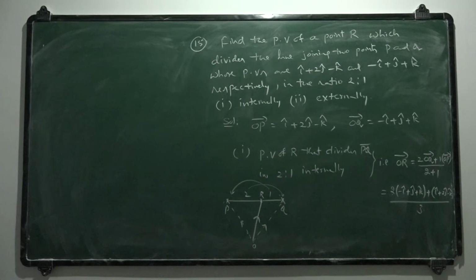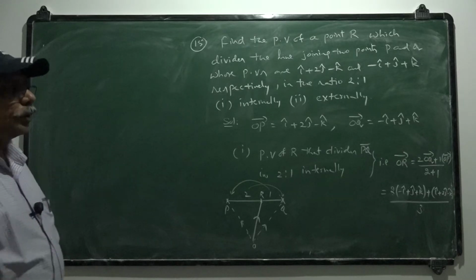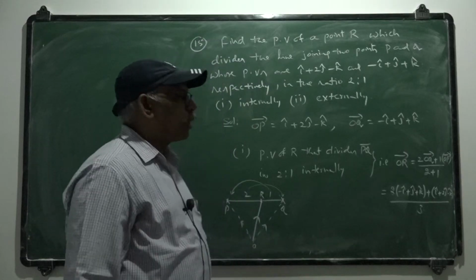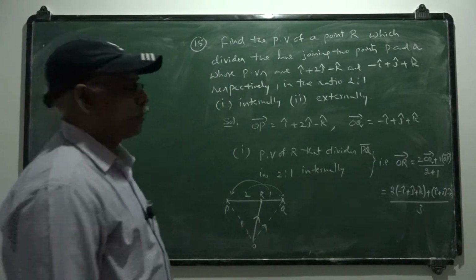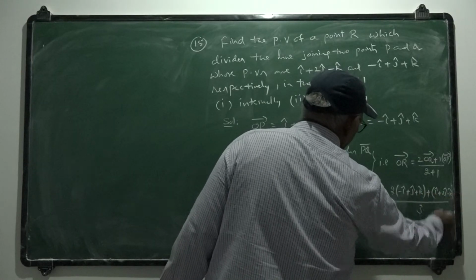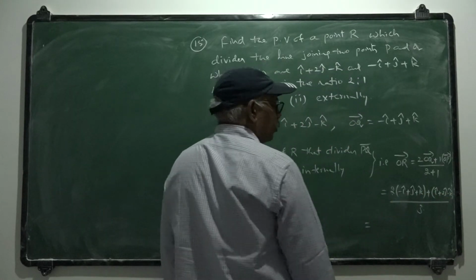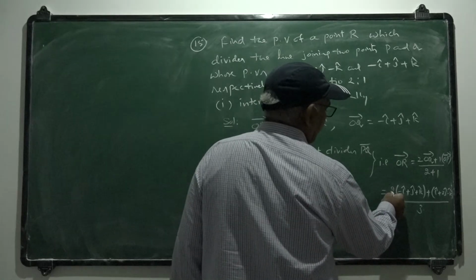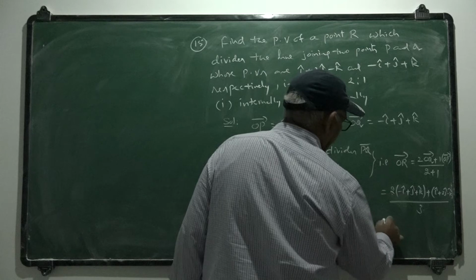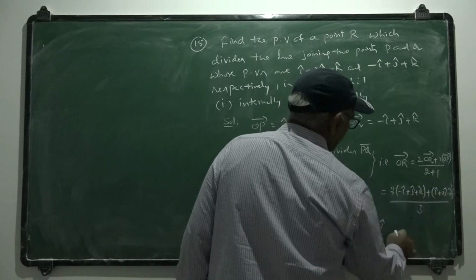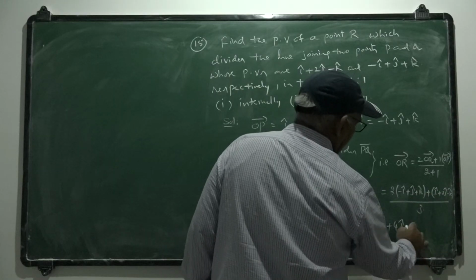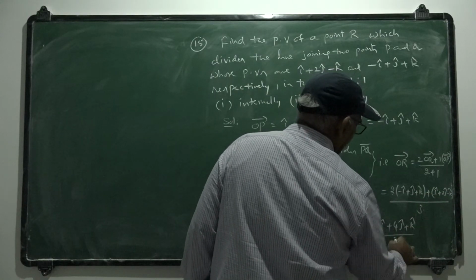The position vector of the division point of the line segment PQ in the ratio 2:1 is 2 into OQ bar plus 1 into OP bar by 2 plus 1. On simplification, collecting like terms: minus 2i plus i, 2j plus 2j, that is 4j, and 2k minus k, that is k, by 3.